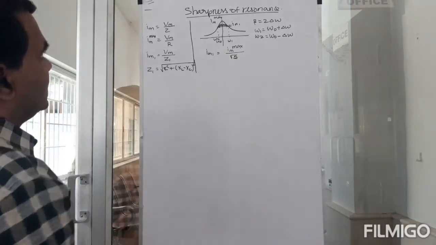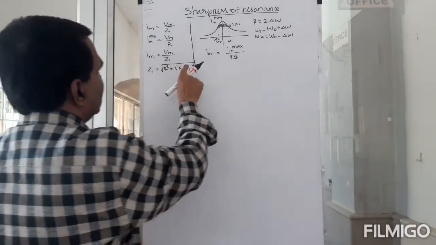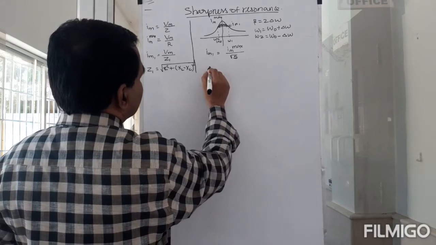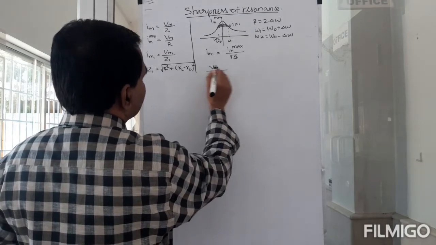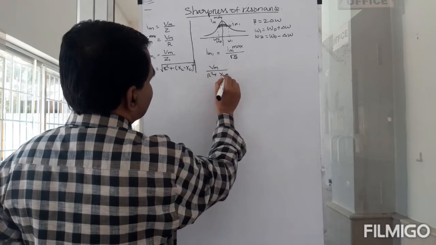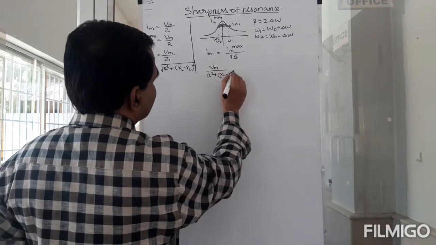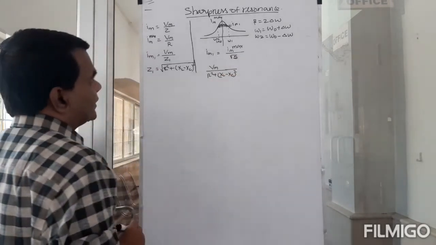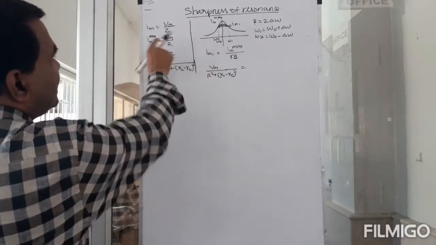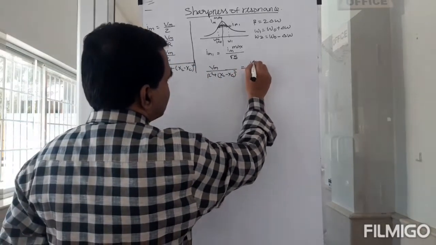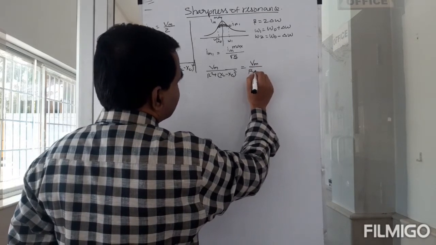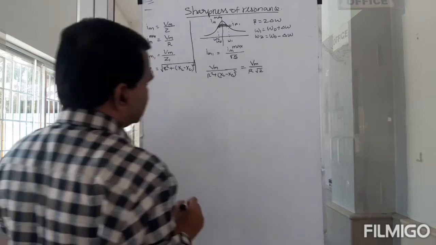So let's see, what is IM1? IM1 is Vm by Z1, so Vm divided by the square root of R squared plus XL minus XC the whole square. This must be equal to IM max. IM max is Vm by R, so Vm by R into root 2.